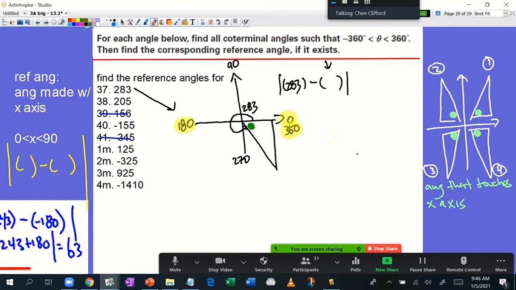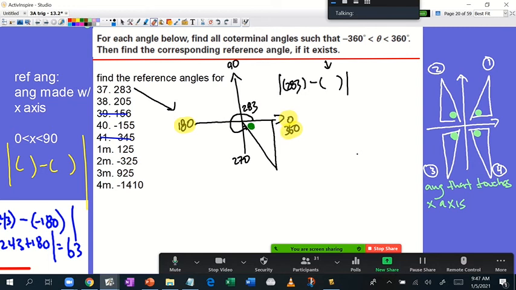Now, which number, which yellow highlight, does 283 come closest to? Let's pretend we're talking about dollars. $0, $180, $360. Does it come closest to $0, $180, or $360?